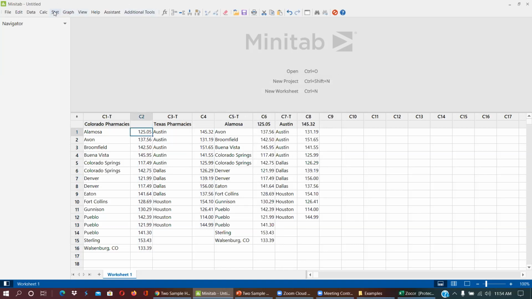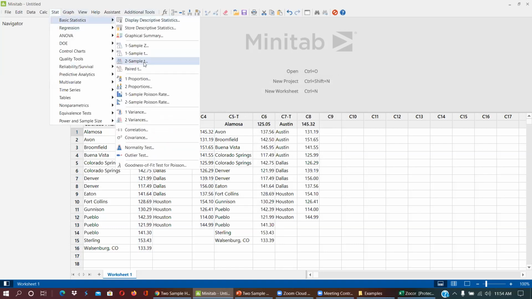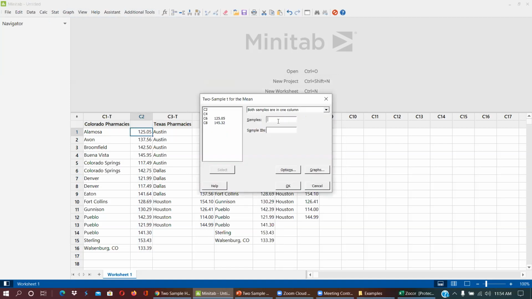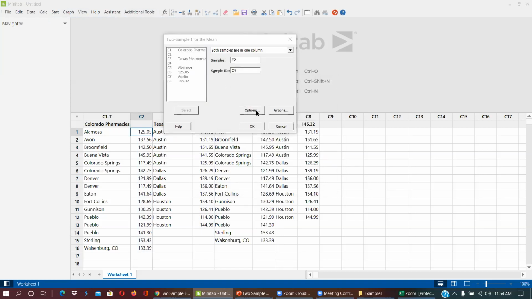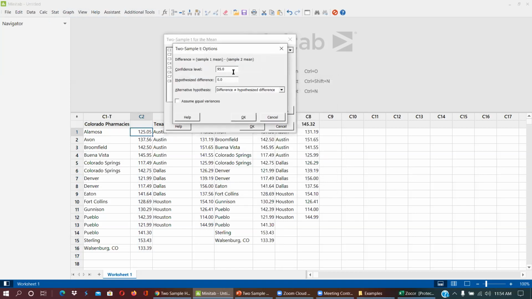Now I go to Stat, Basic Statistics, two sample, and now I have C2 here, which is Colorado, and C4, which is Texas. Now I have the options here. By default, 95% confidence level.